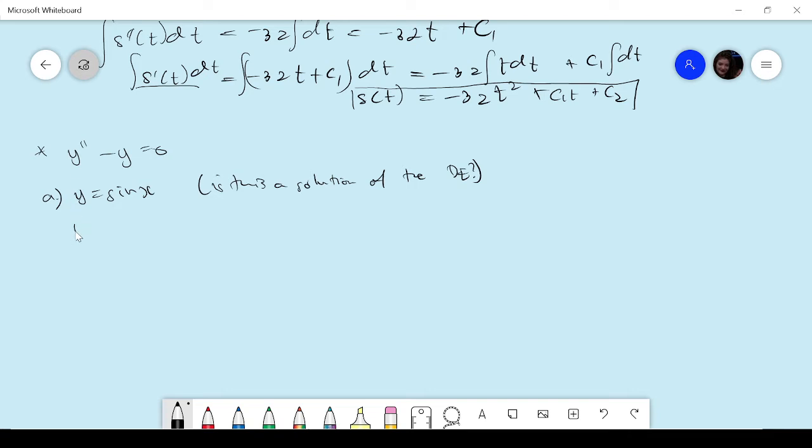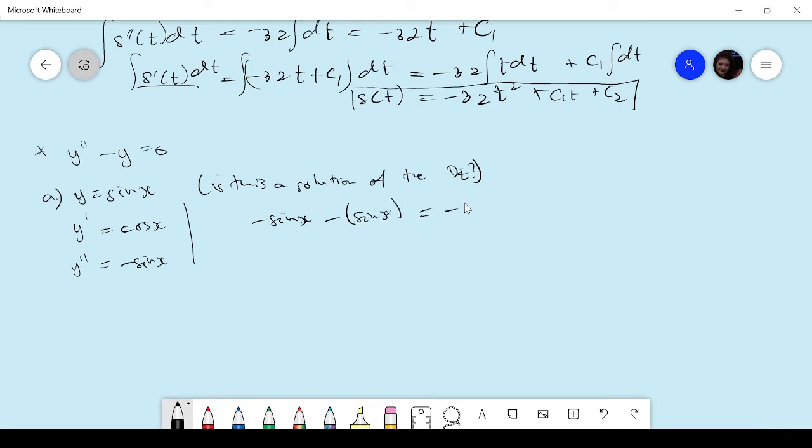So we are going to take the second derivative of your y. The first derivative is given by cosine of x, while the second derivative is given by minus sine of x. So your y double prime will be minus sine of x, minus your y, which is sine of x.